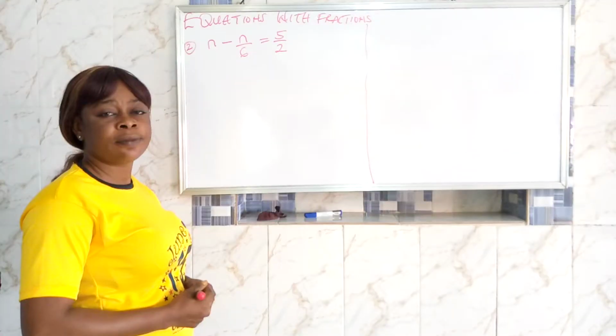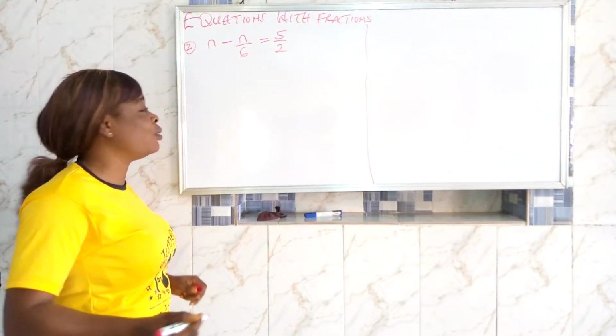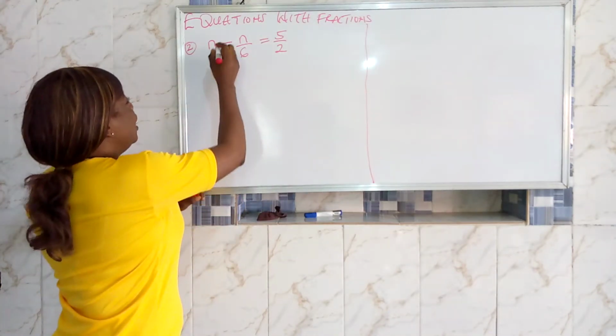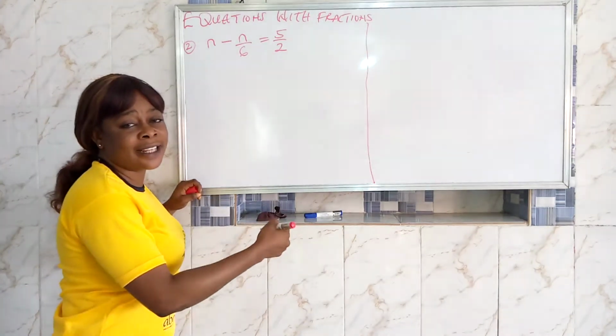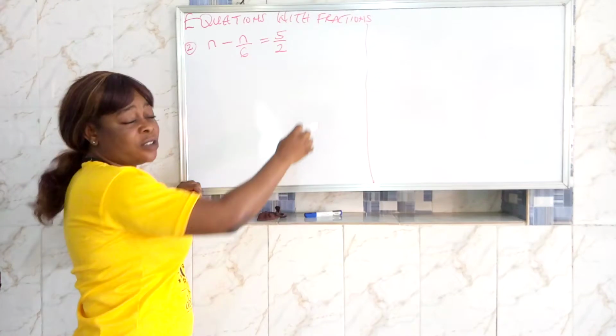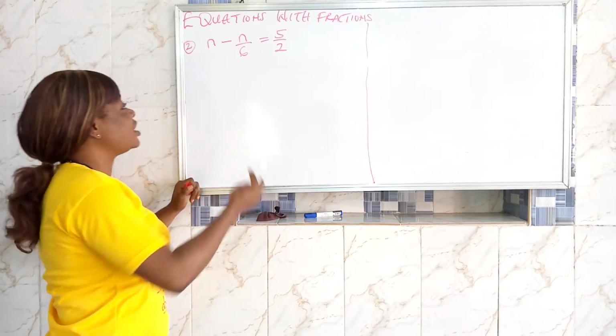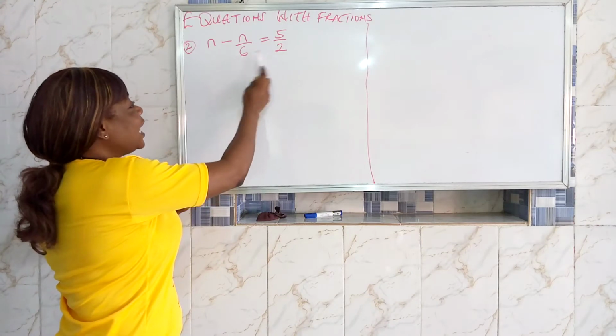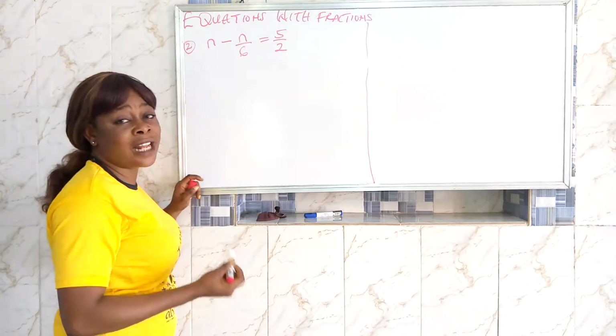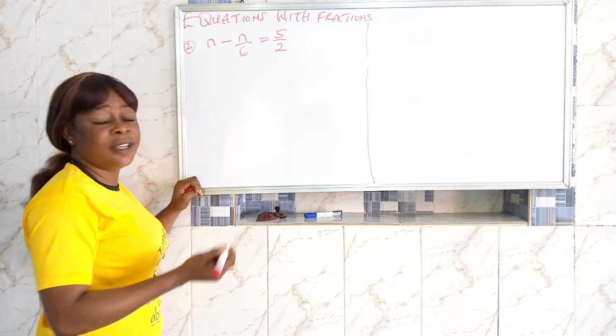Number 2. Now let's solve the second question. So remember what I said. The first thing I'm going to do is to clear the fraction. You are going to find the LCM of your denominators. Here now I have 2 denominators, that's 6 and 2. My LCM is 6.